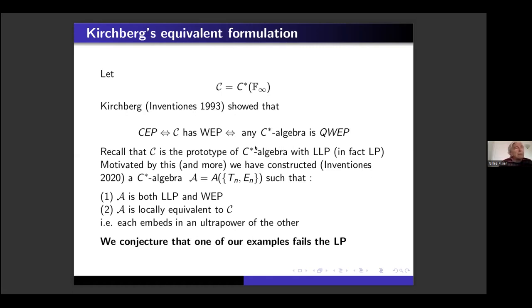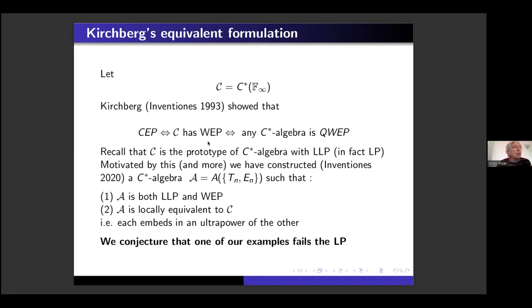And in fact, its formulation is perhaps even more striking. It's equivalent to saying that any C-star algebra is a quotient of a weak expectation property algebra. And a quotient of a weak expectation property algebra is, of course, called QWEP for short.